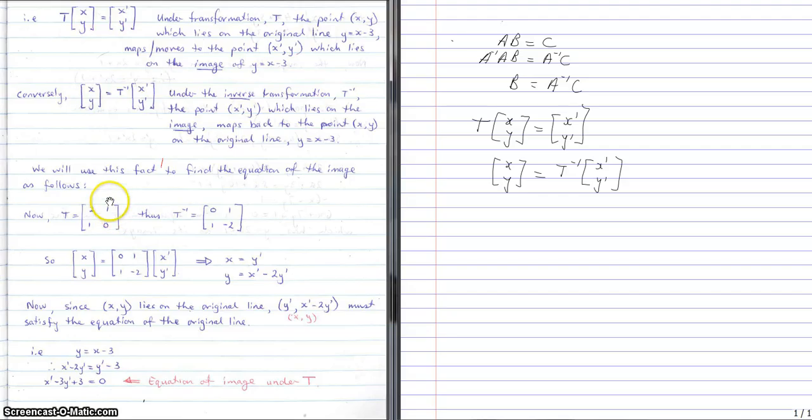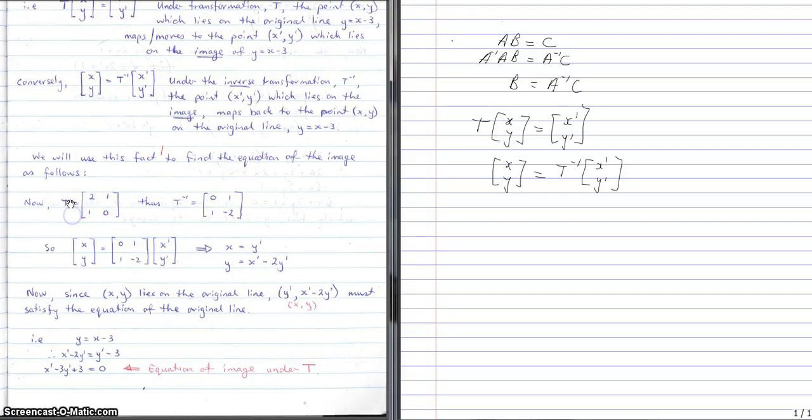We've got our transformation matrix T, which is [2, 1; 1, 0]. The inverse transformation matrix, which we can find by remembering the rule, is [0, 1; 1, -2].